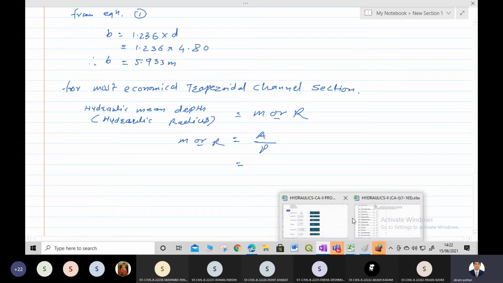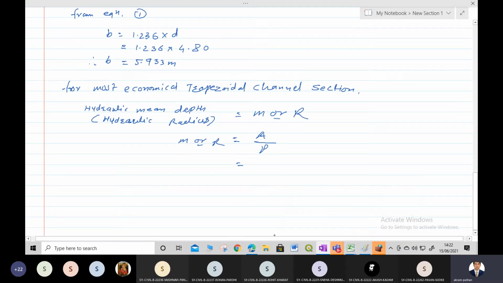So for the most economical trapezoidal channel section, area to the perimeter. Area we can compute as (b plus nd) into d, divided by 2 times (b plus nd), and this is equal to d by 2.